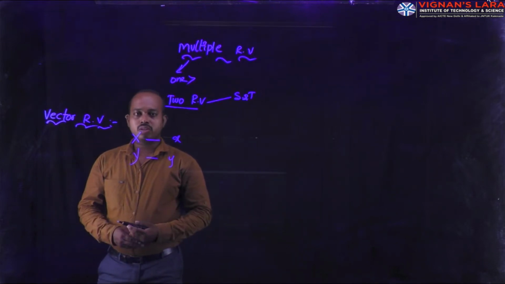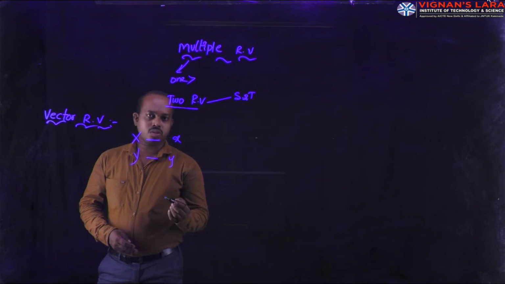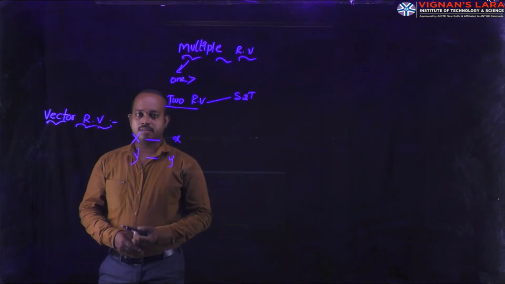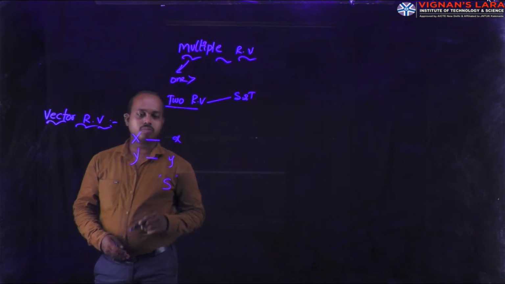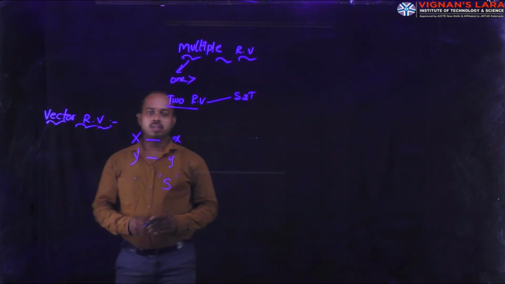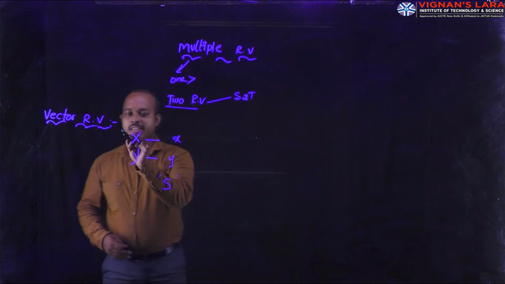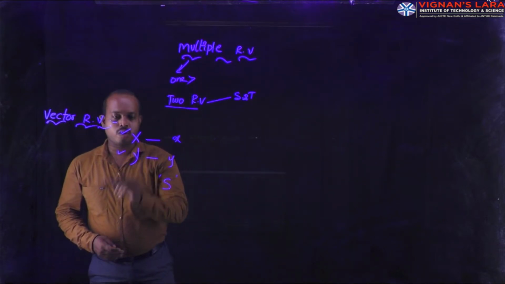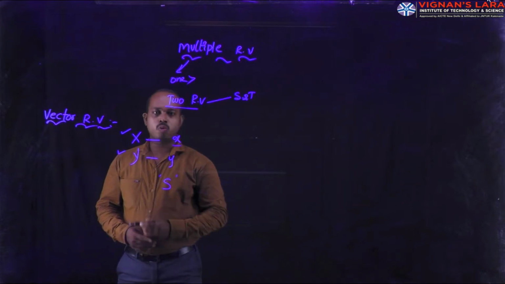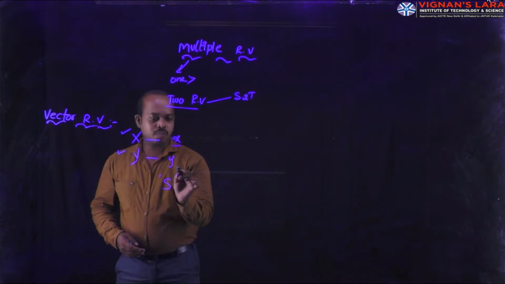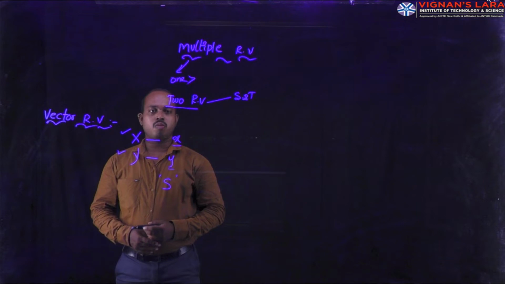These two events exist on a single sample space, S. Here I consider two random variables, X and Y. The X random variable has the element small x, and the Y random variable has the element small y.